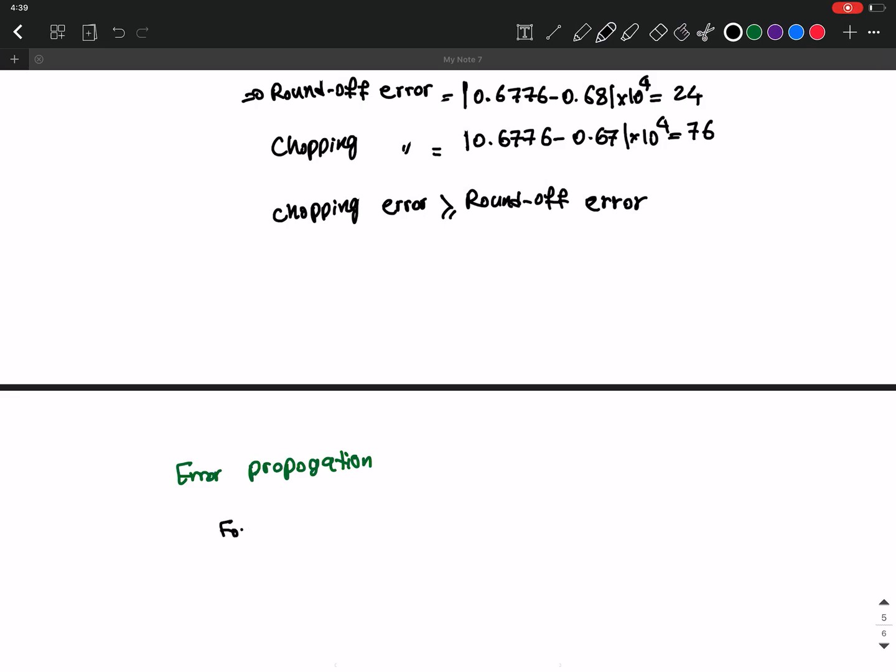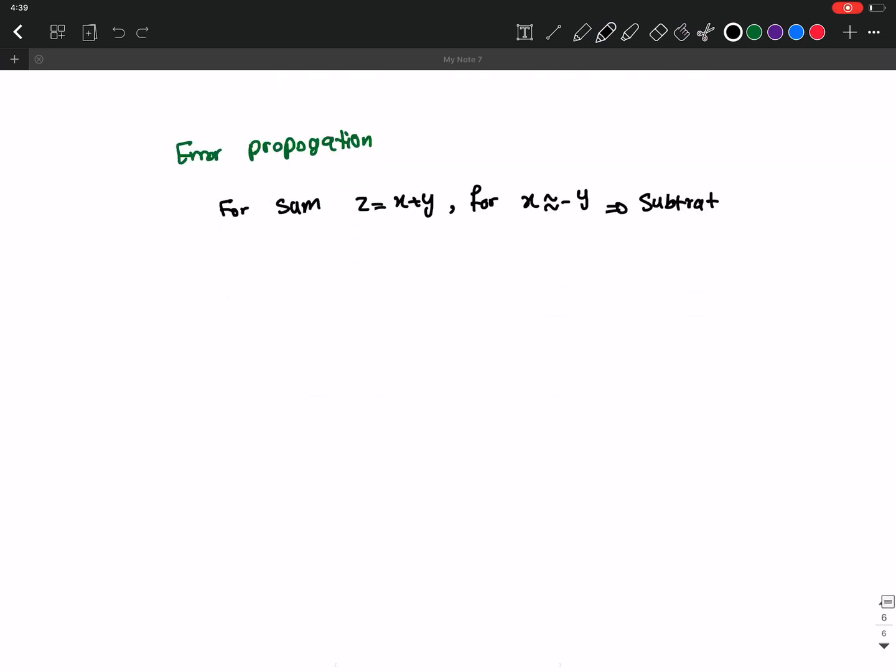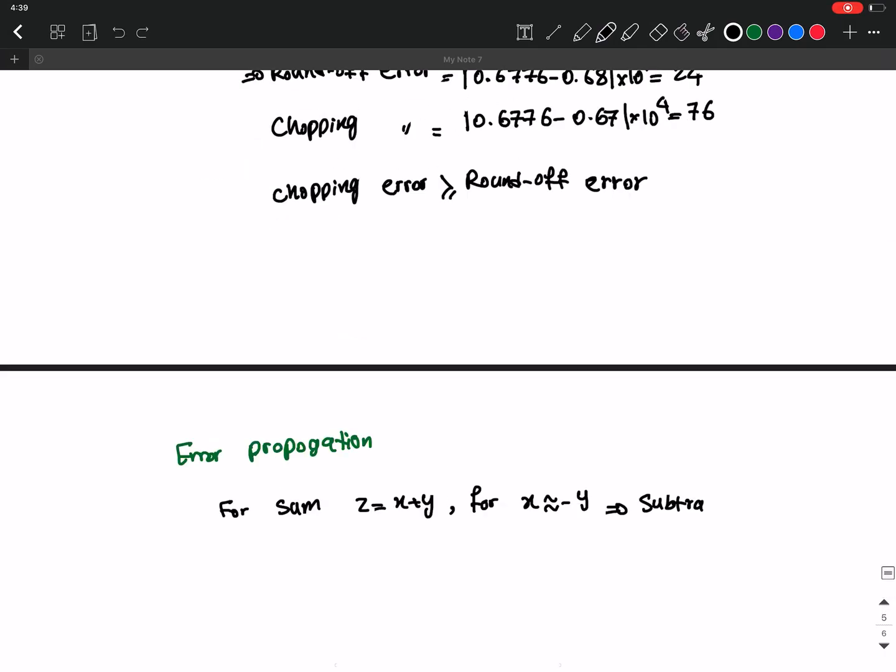So for a sum z equals x plus y, when x is almost equal to minus y, we are going to have subtractive cancellation. Let me explain what it is. Subtractive cancellation.